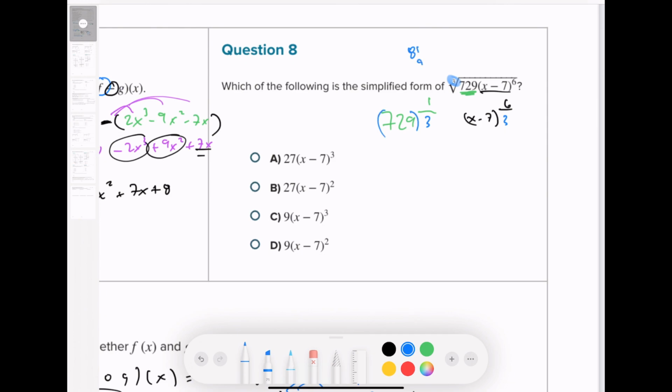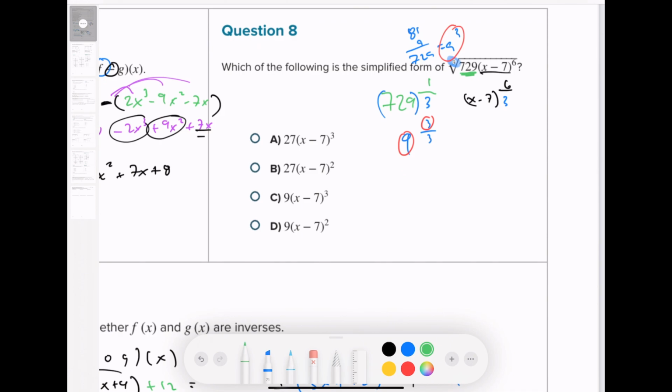So 729 is 9 to the 3rd power. So that was here and here. And then 6 divided by 3 is going to be 2. So essentially I'm just going to have 9 times x minus 7 to the 2nd power. And that would be choice D.